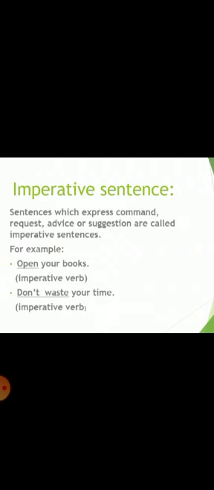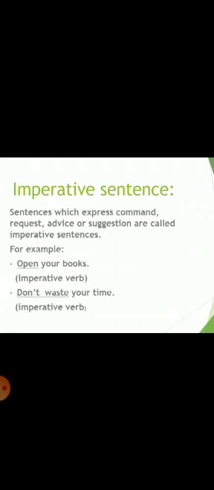It means that imperative sentences are a kind of sentence that we make use of to communicate with the person who is in front of us, and the person who is in front of us is the second person. We are the first person who is talking, and the one who is listening to us is the second person. So there is no need to repeat the pronoun you again and again.